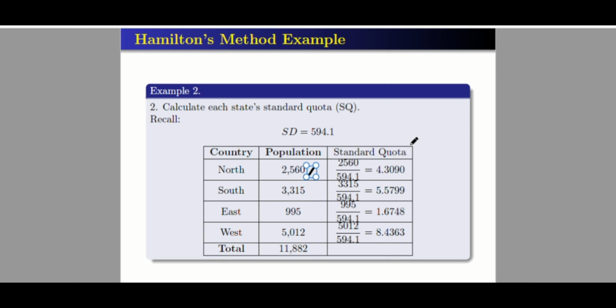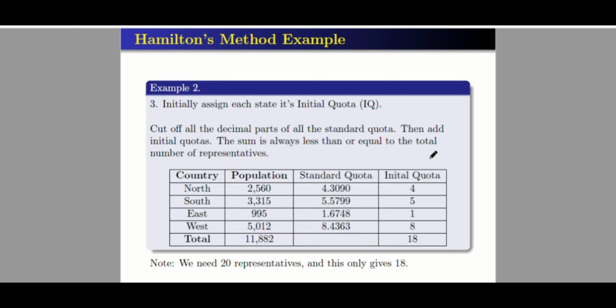Now, what is step number 3? Step number 3 is for the initial quota, wherein we cut off all the decimal places.